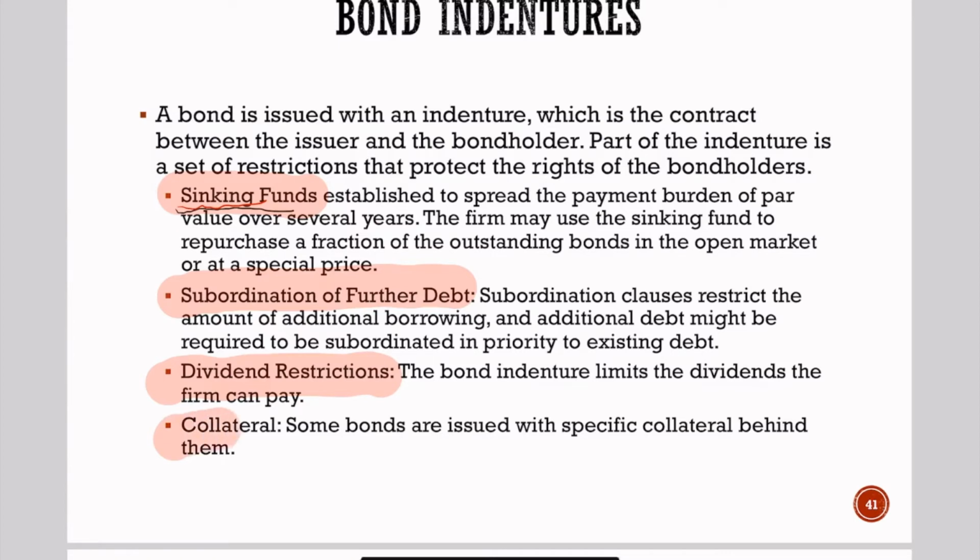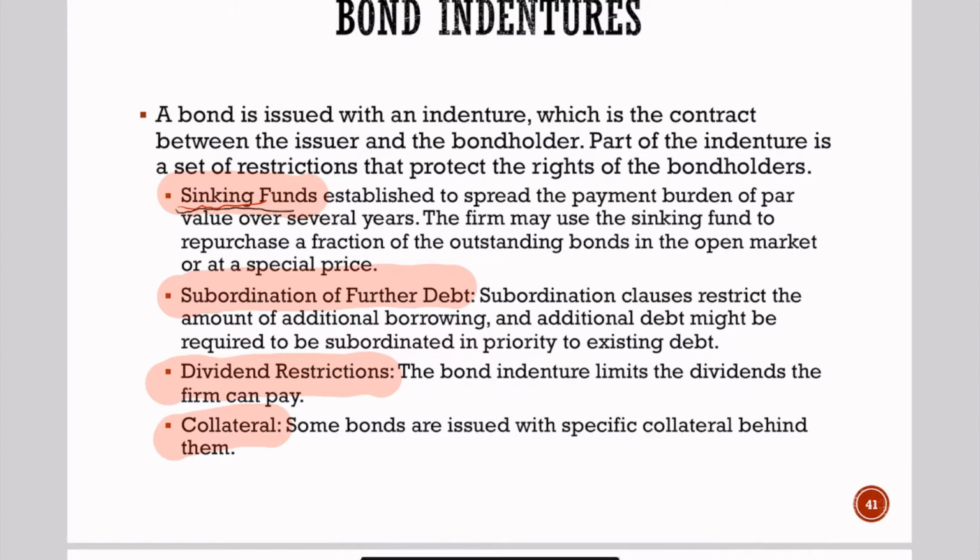Okay, the fourth one is easy to understand. You could basically use some sort of collateral. If there is collateral, it means the debt is secured. It means that in the event of bankruptcy, as a debt holder, you can sell those collaterals and then you could get back your money.